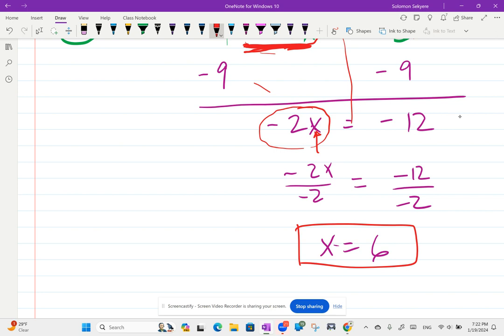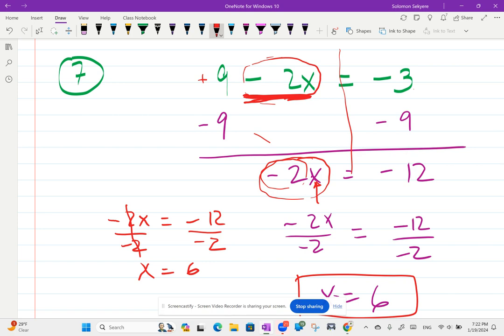And what is that coefficient? It's negative 2. So I divide both sides by negative 2, not 2. If I divide negative by negative, I get positive. Negative 12 over negative 2 is positive 6. You get it?